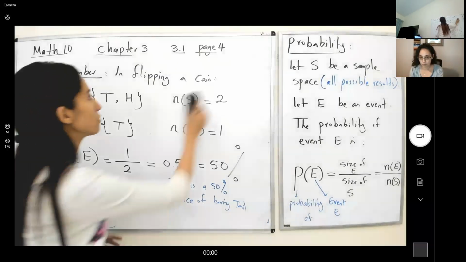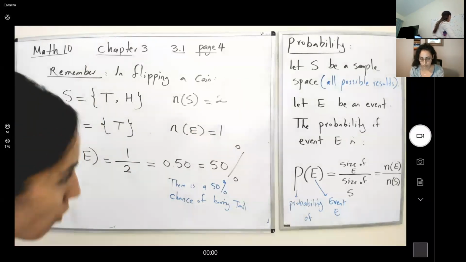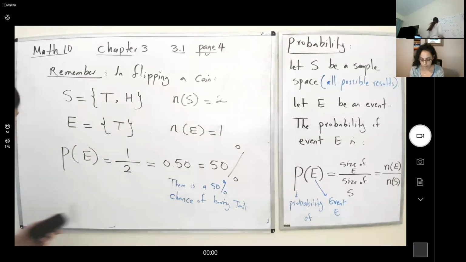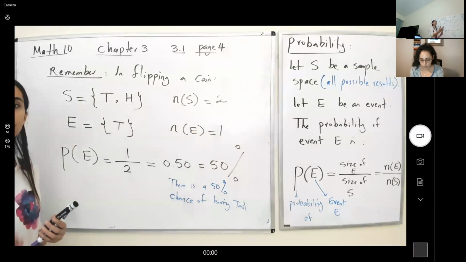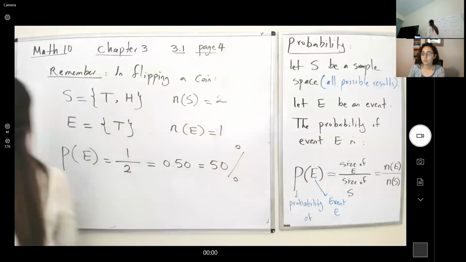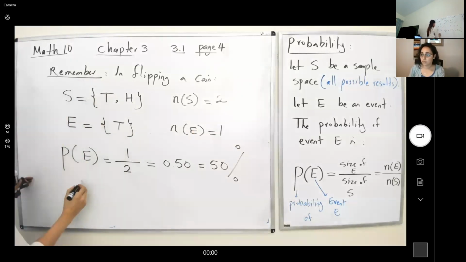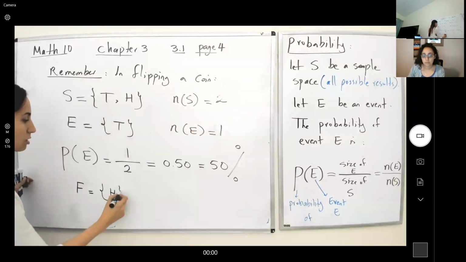Well, welcome back everyone. So I'm going to stick to this example. Now, what if I ask you to find the probability of a different event? I'm defining a new event. Suppose I'm defining event F to be just head.